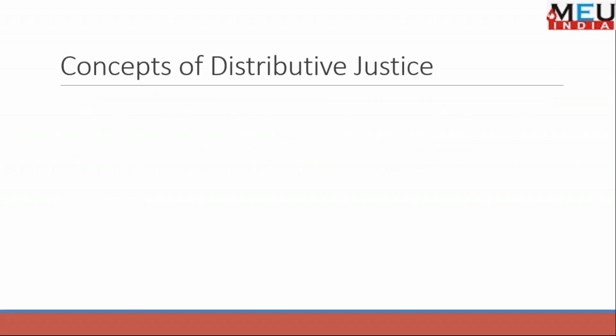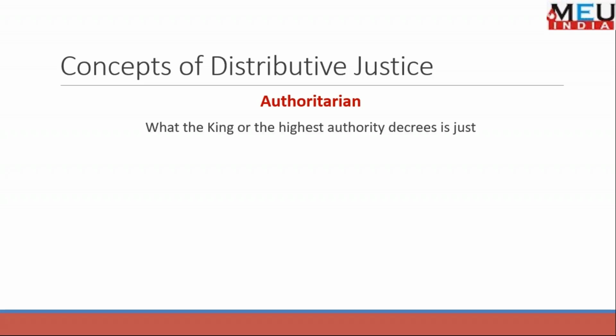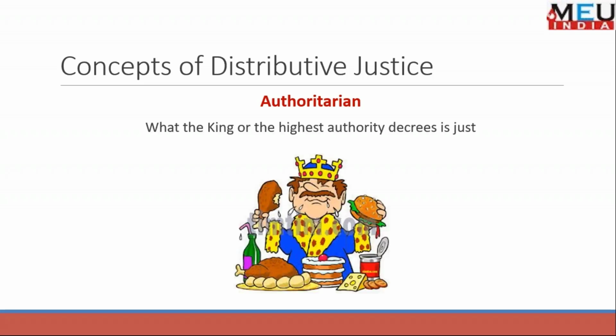The first is the authoritarian type of distributive justice. It is what the king or the highest authority decrees is just. Whatever your superior decides, that type of justice is called the authoritarian type of distributive justice.